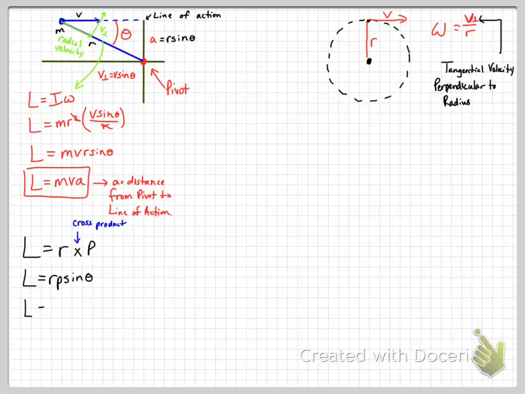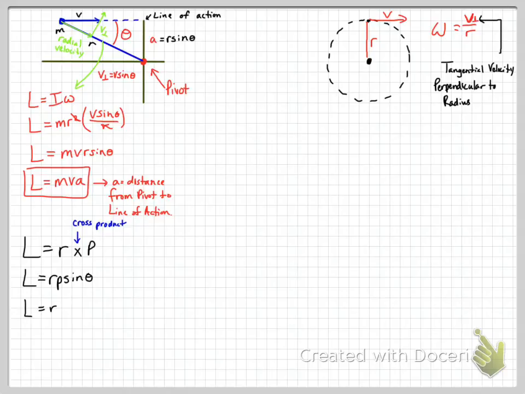A cross product is at maximum when r and p are at right angles to each other. So what this is saying is that the angular momentum is at a right angle to the radius and a right angle to the momentum, and the angular momentum is going to be the biggest when it's at 90 degrees. So it prefers them to be perpendicular.